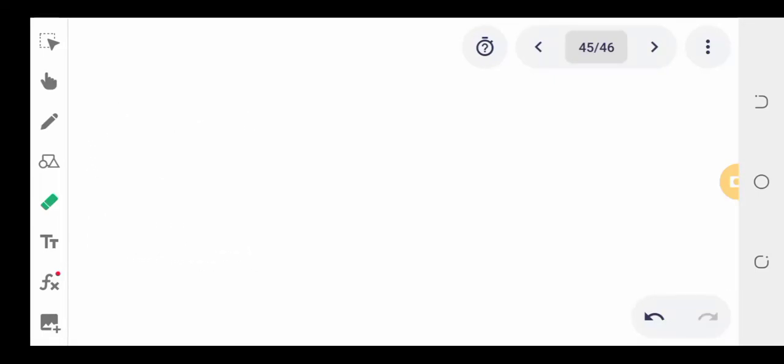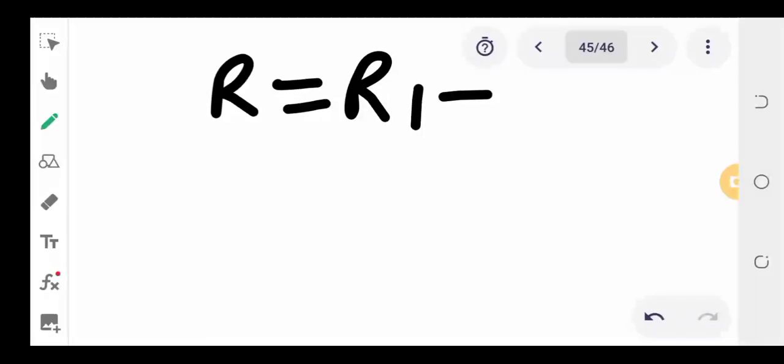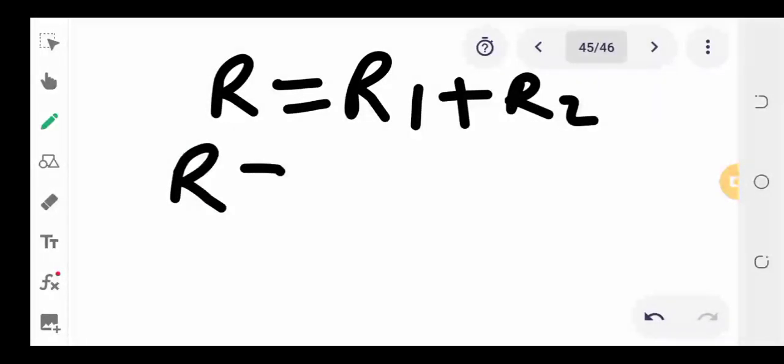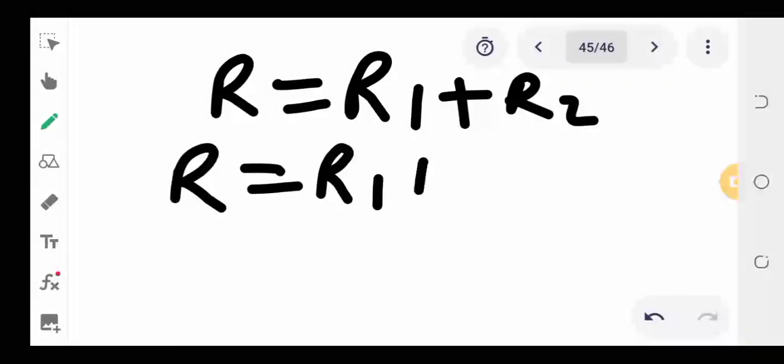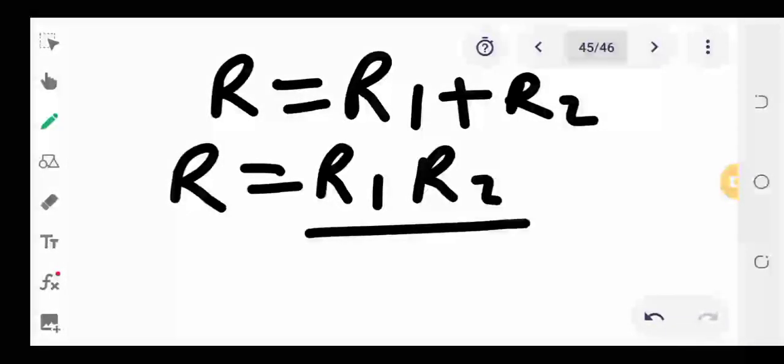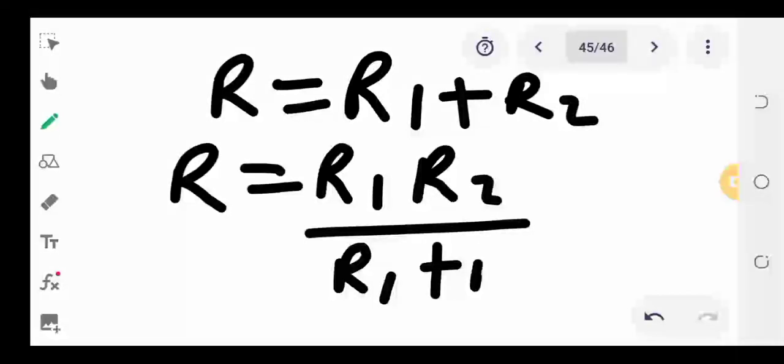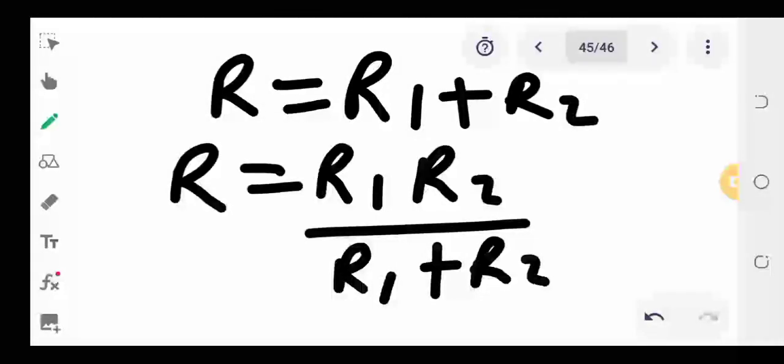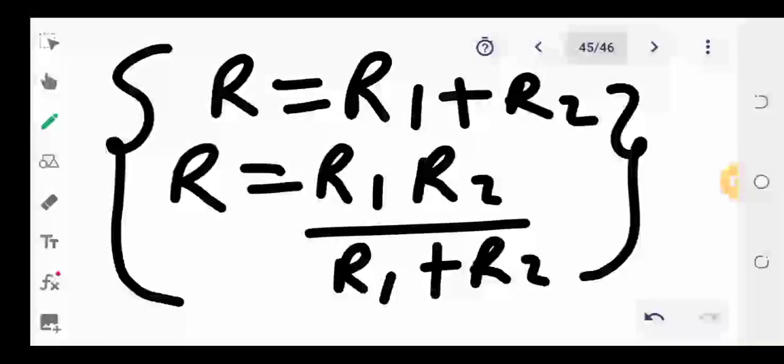For series arrangement, we have R equal to R1 plus R2. Then for parallel we have R1 multiplied by R2 divided by R1 plus R2. So this is what we must expect when dealing with resistors in parallel and in series.